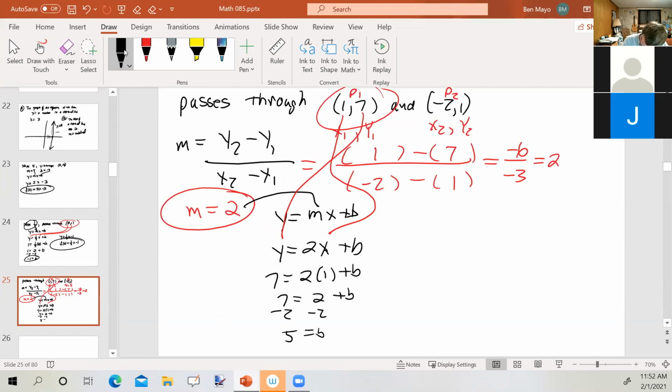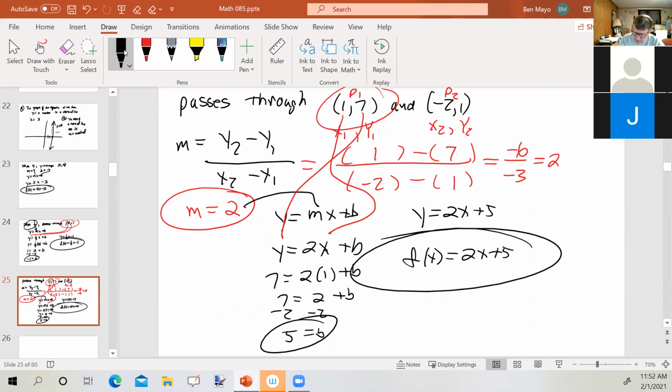Subtract 2 from both sides. B equals 5. So y equals 2x plus 5. Finally, f of x equals 2x plus 5. So there's the linear function that passes through the points 1, 7 and -2, 1.